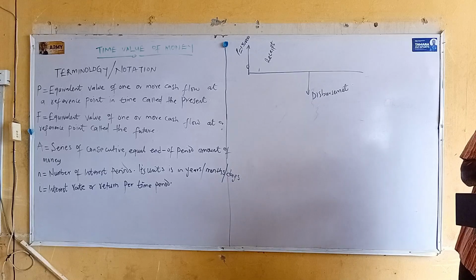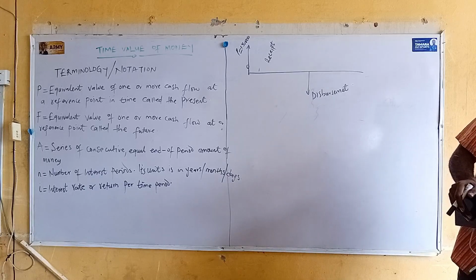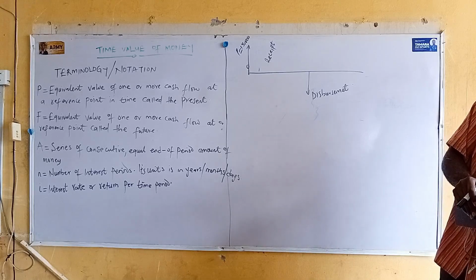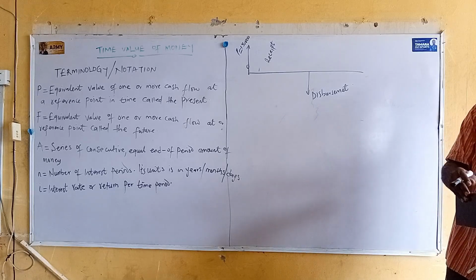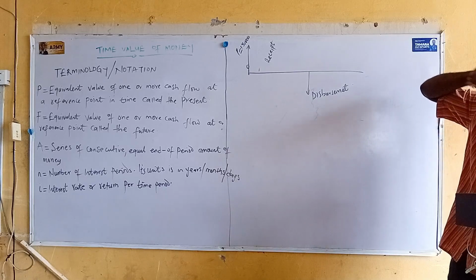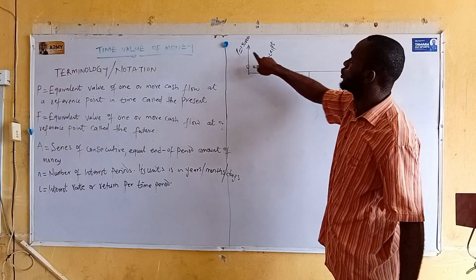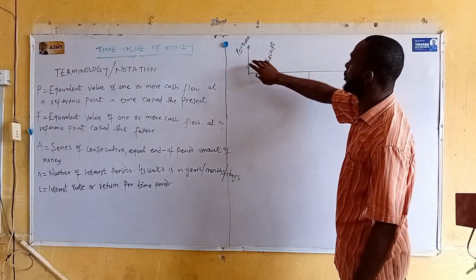Then F. F is the equivalent value of one or more cash flows at a reference point called the future. For example, now you took a loan of 15,000 naira to buy a wheelchair.